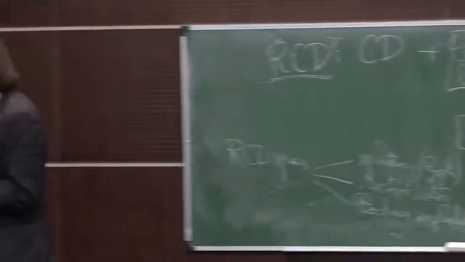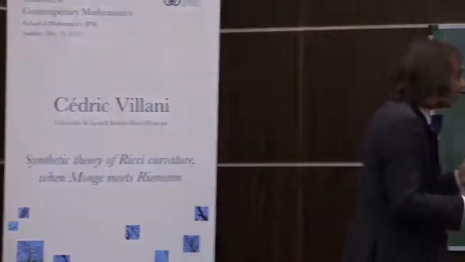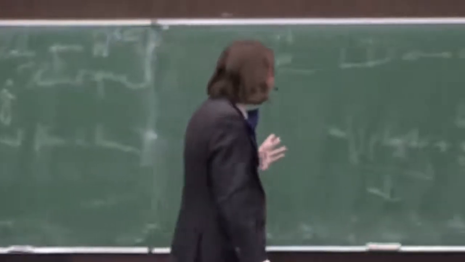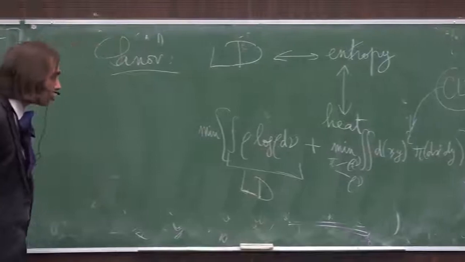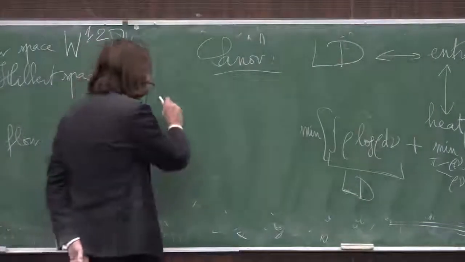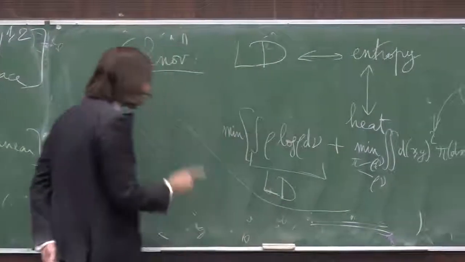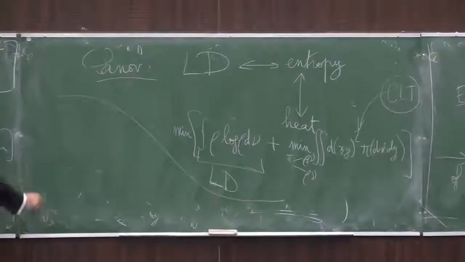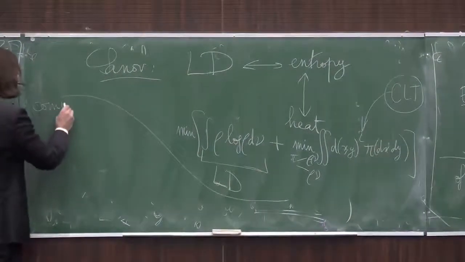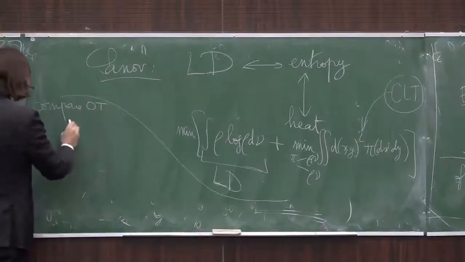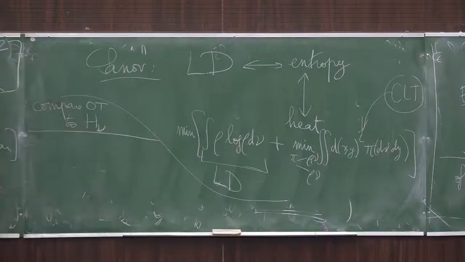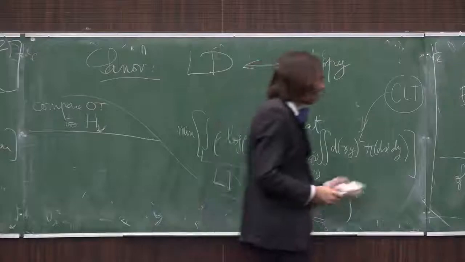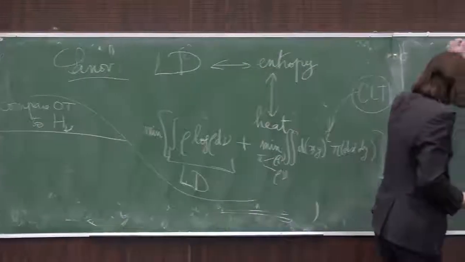Not really the optimal map, but in the problem here of the heat equation, the fact that this large deviation plays a role. Now, the other field in which the Sanov theorem appears is when you compare the optimal transport to entropy. And this, in fact, was my very first theorem in the field.